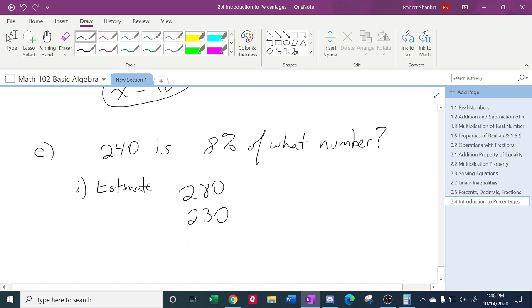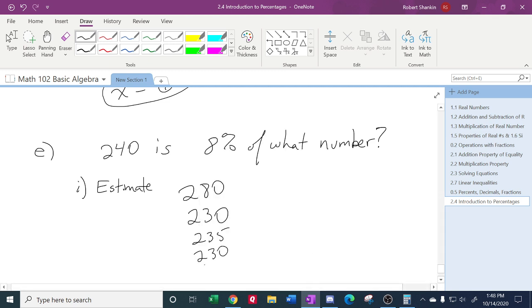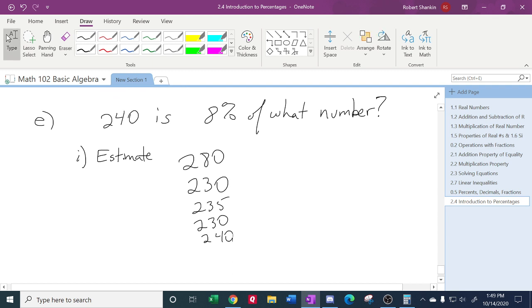And group 3, an estimate, or a number of estimates. We got 3 different answers. It was 235, 230, and 240. Okay, all around this.